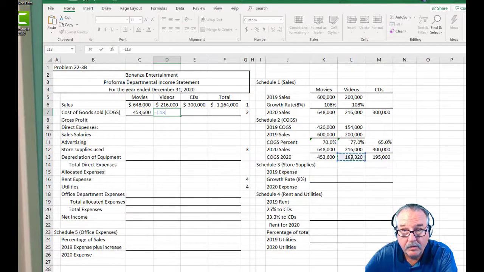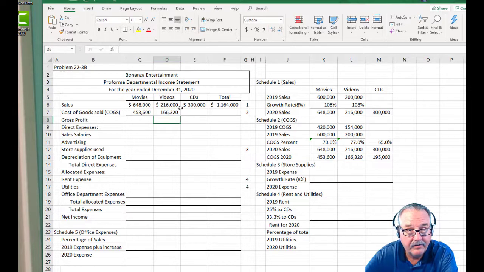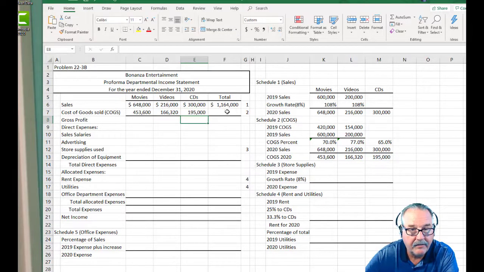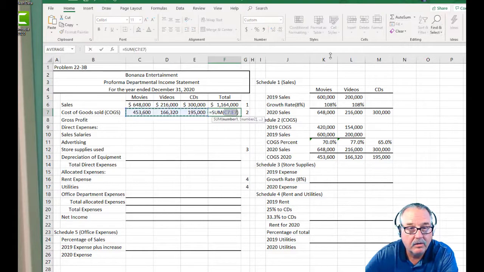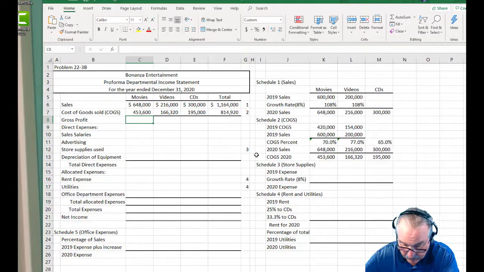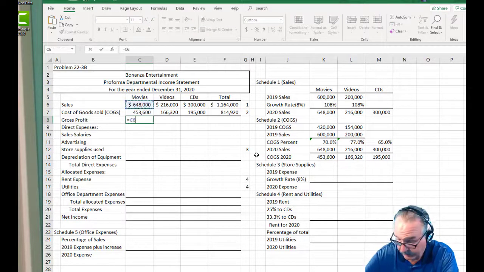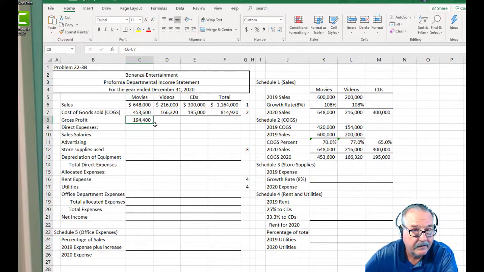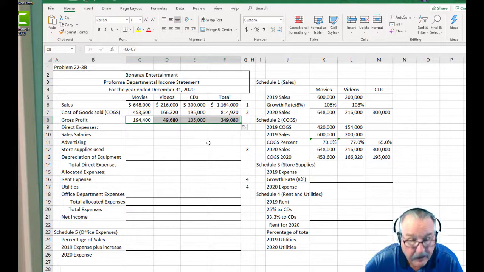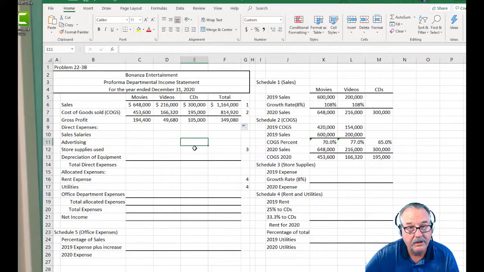Cost of goods sold for videos is $166,320, and cost of goods sold for CDs is $195. We have a total cost of goods sold of $814,920. And if we calculate individual gross profit by subtracting cost of goods sold from sales, we get a total of $349,080.